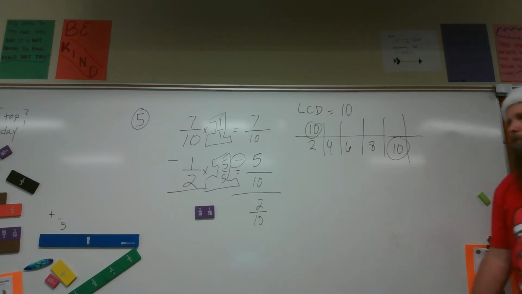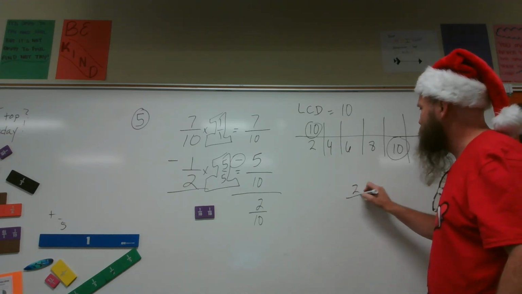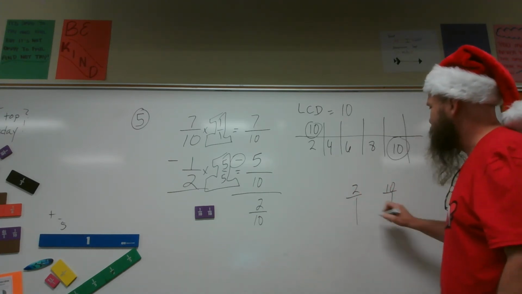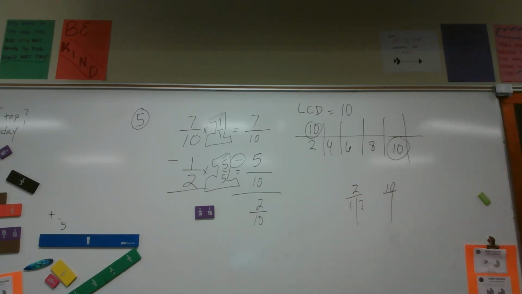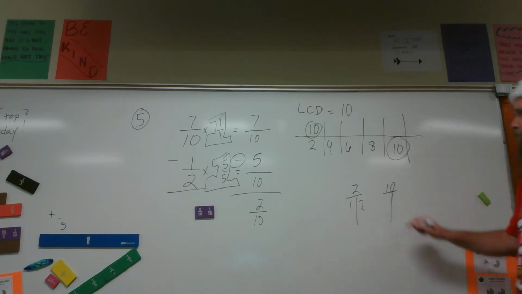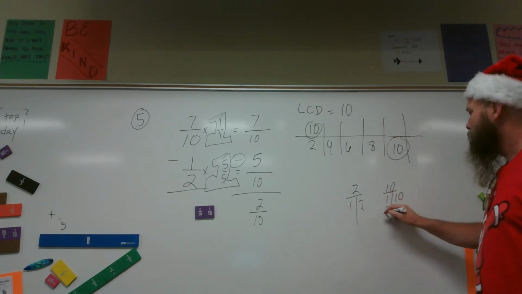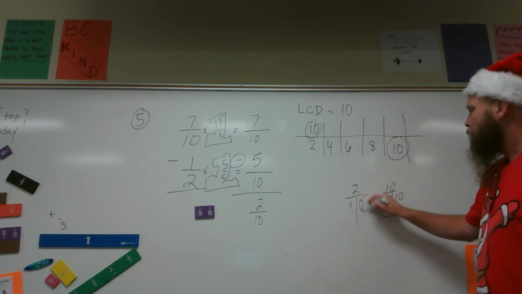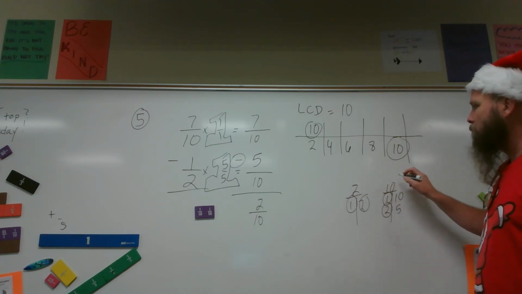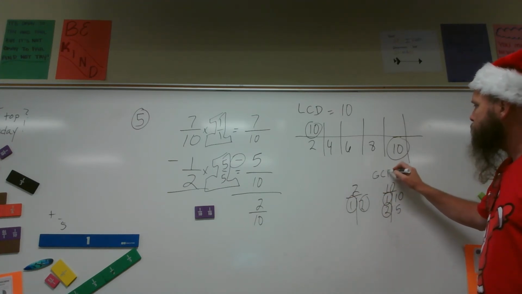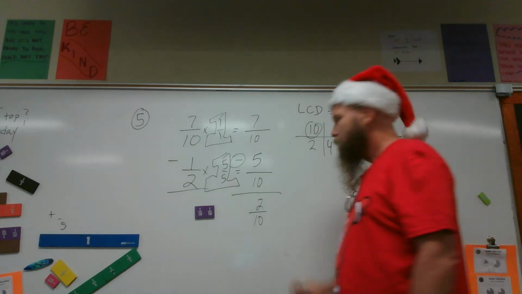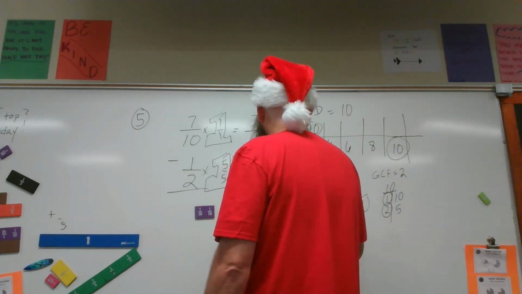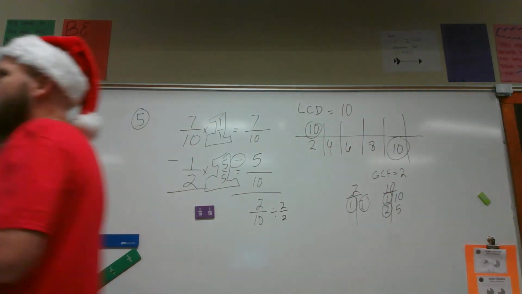By 2. If I do the greatest common factor for 2 and 10, the only factors of 2 are 1 and 2 because it's prime. The factors of 10 are 1 and 10, 2 and 5. The greatest one they have in common is 2. So I use that and I simplify this fraction.